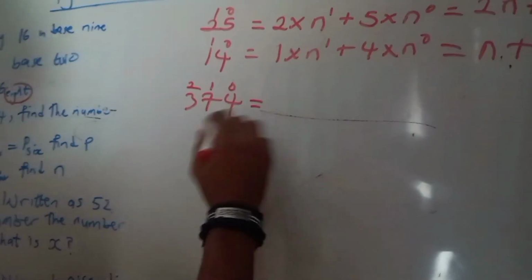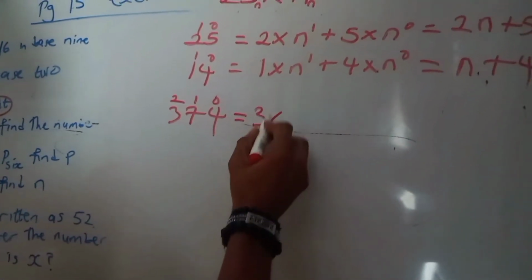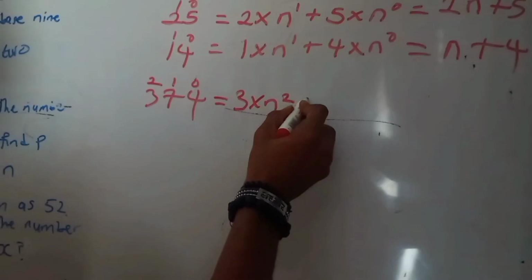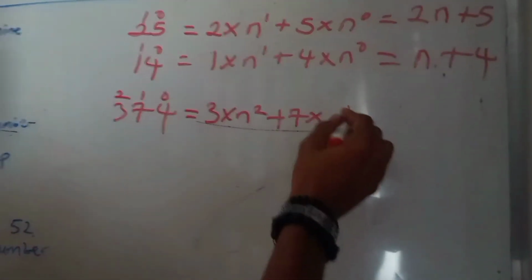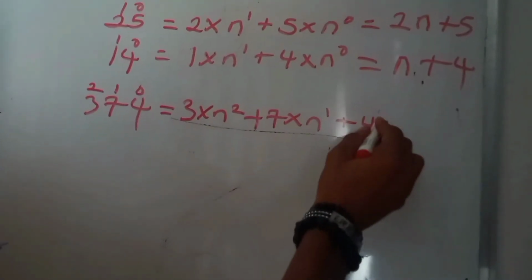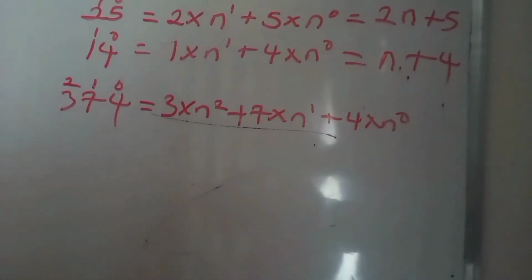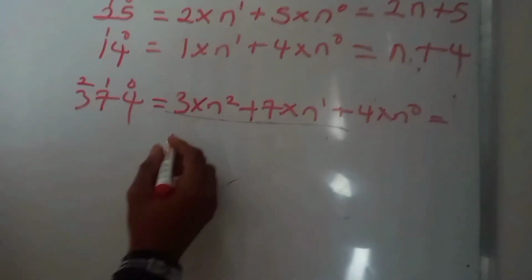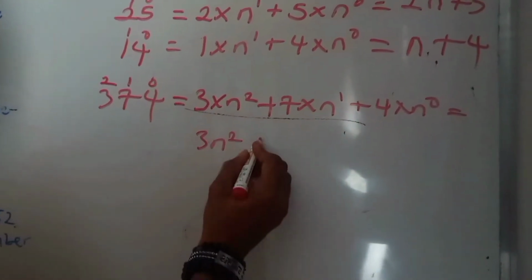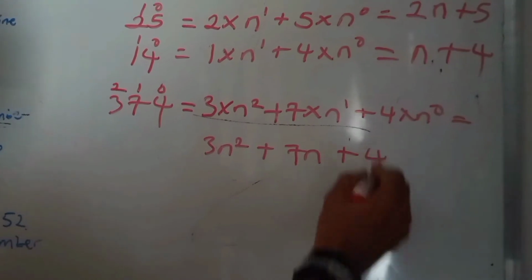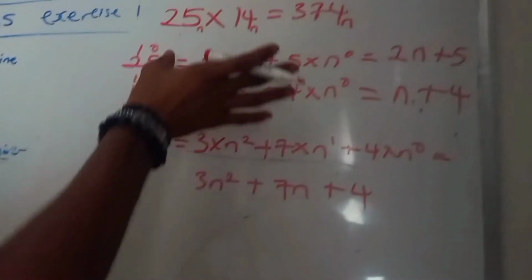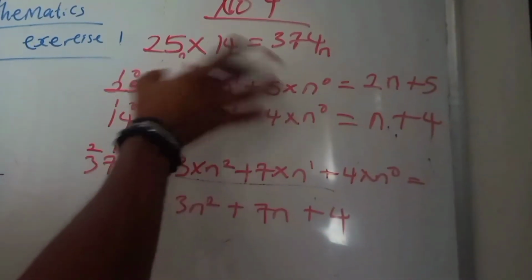I'm not giving the answers to it. So 3 times n to the power 2 plus 7 times n to the power 1 plus 4 times n to the power 0 equals 3n squared plus 7n plus 4.